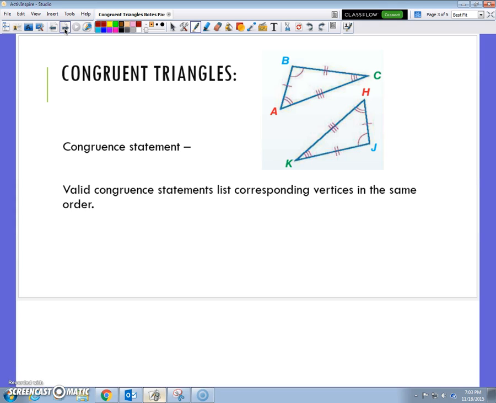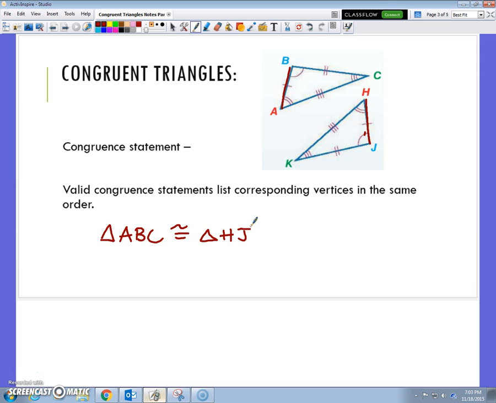If I look at the sides with the 1 dash on them, the AB and the HJ, then if I start my triangle as A, B, C, as I'm writing my congruent statement, if AB is first here, the part that's congruent to AB is first in the next triangle. So in this case, HJ.